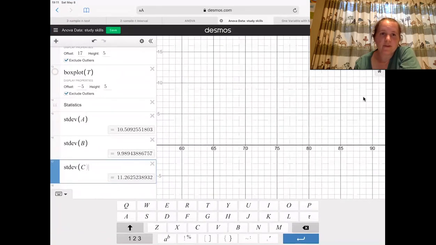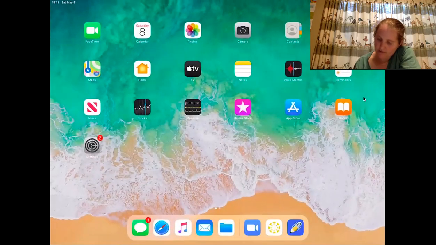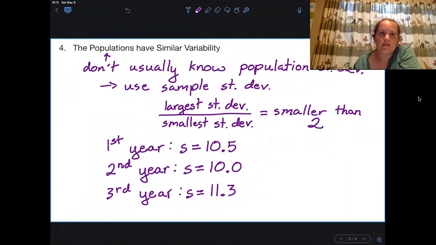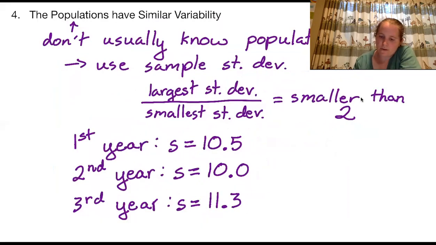Yeah, about 11.3. So again, this is from our example.